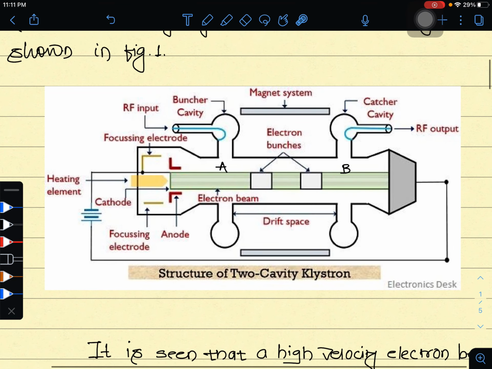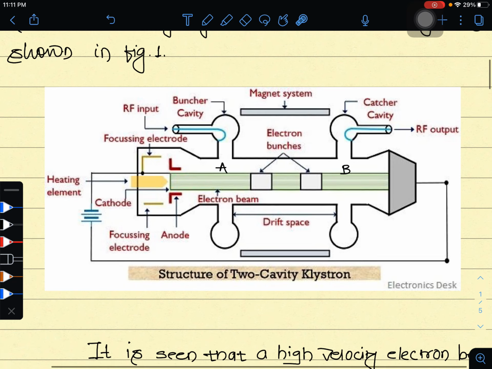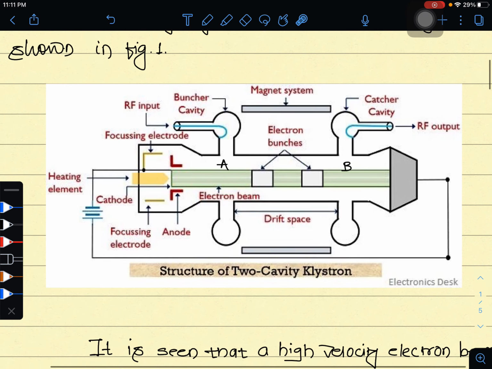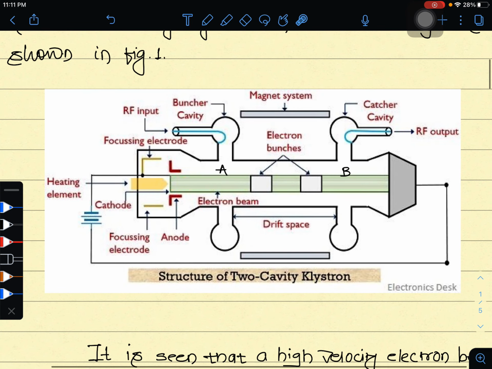In the two cavity klystron amplifier, the high velocity electron beam is formed, focused and sent down along this glass tube to the collector electrode, which is at a high positive potential with respect to the cathode.